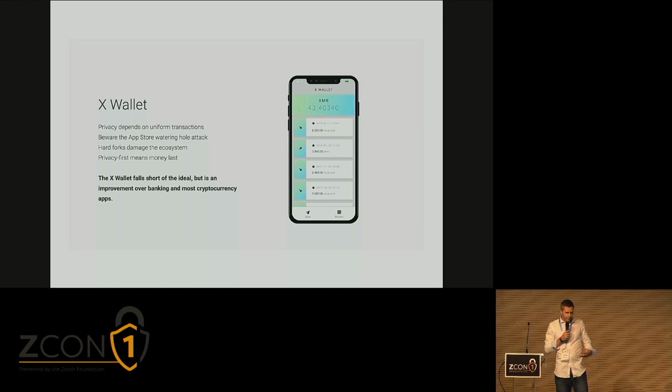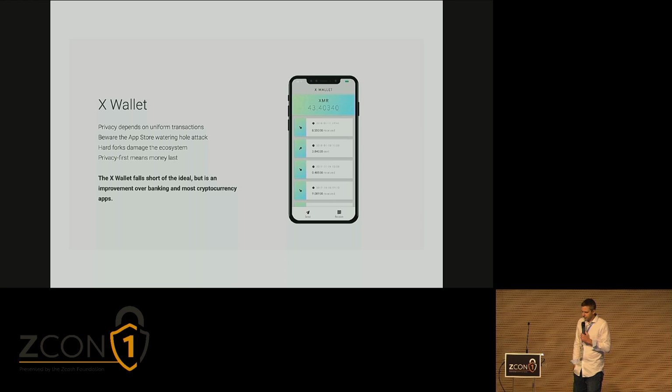The really important thing I learned here is that privacy first means money last. If you're trying to build a privacy-focused application, you're going to have trouble financing it internally. It's going to be difficult to build a for-profit or even a non-profit that is self-sustaining. You actually need to get financing from somewhere else.